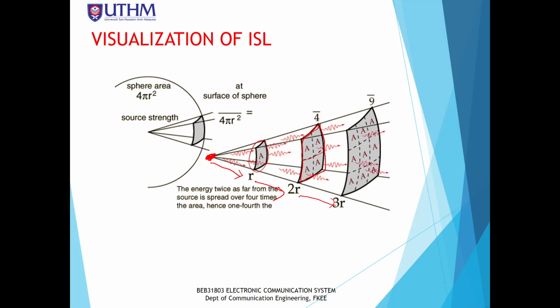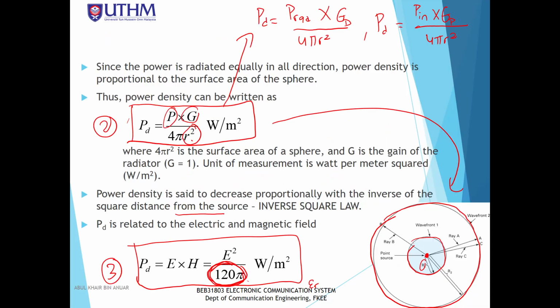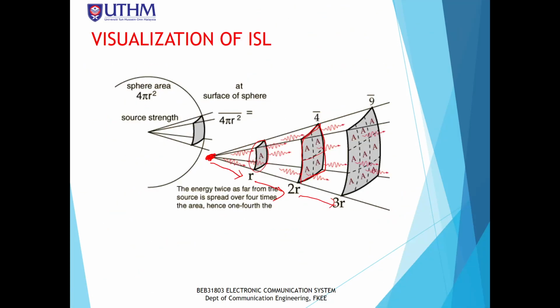So this is related to what they call the inverse square law. So the further away the distance, that means the intensity will be spread in a bigger surface area. Maknanya apabila kita semakin jauh daripada antena, the power multiplied with gain will be spread in a larger area.